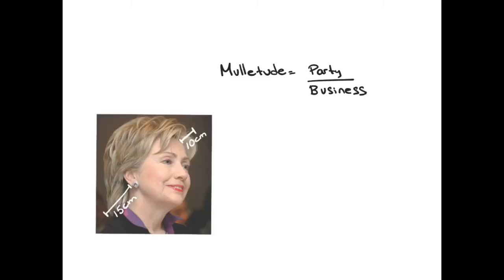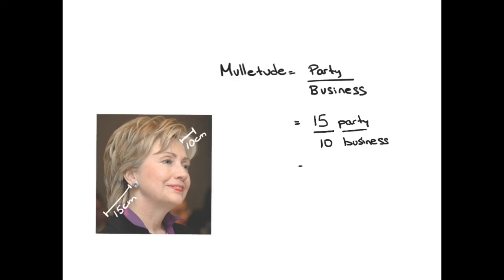Now, this example is actually one of the ones that is quite controversial, and this is why we are looking at it carefully today. In this case, Hillary's mullet is 15 centimeters party. So I'm going to say it is 15 party to 10 business.